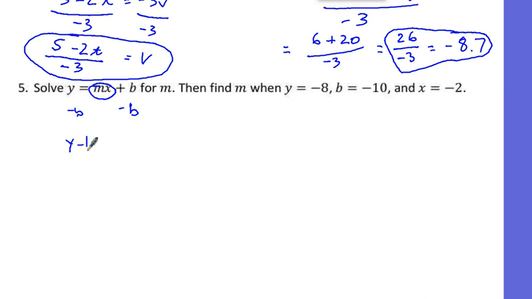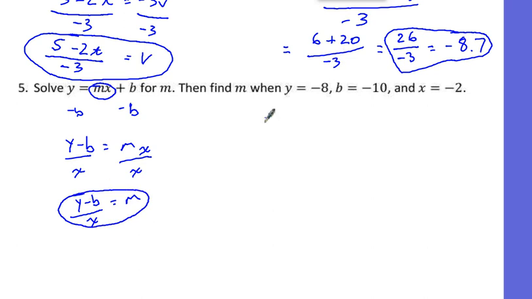Y minus b equals mx. We see that m is multiplied by x here, and we're solving for m, so we need to divide both sides by x, and then m equals y minus b all divided by x.